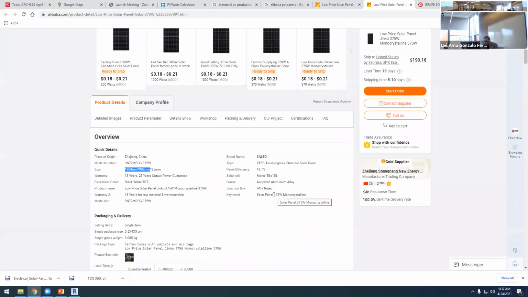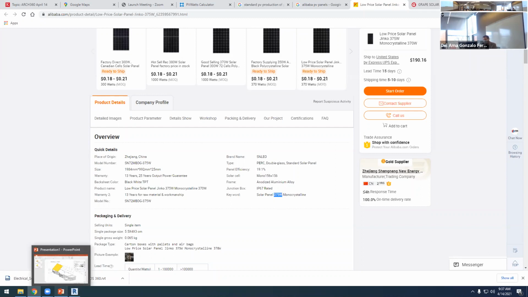So this is 375 watts. So when we're deciding the panel, we have to look at these specifications. This efficiency is 19.1, better than the other one. So we're going to use this one. 20 is maximum, but the closer we are to 20, the better. So we are using a 375 watt panel, but now we need to know the watt per square meter.